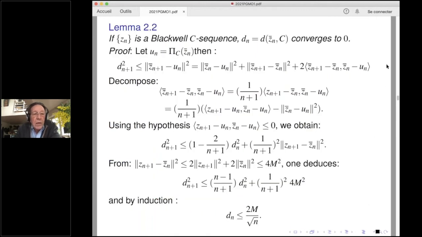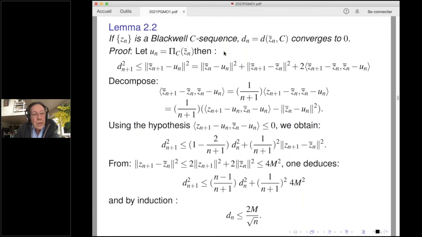And the lemma is that if you have a Blackwell sequence, then the distance of the average to the set converges to 0. It's just a geometrical property in Hilbert space, but here it's finite dimensional. So I will denote by u_n the projection over C of the average. You have an arbitrary sequence of points in R^k.